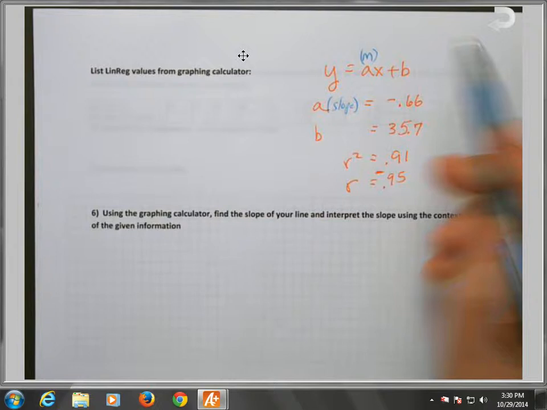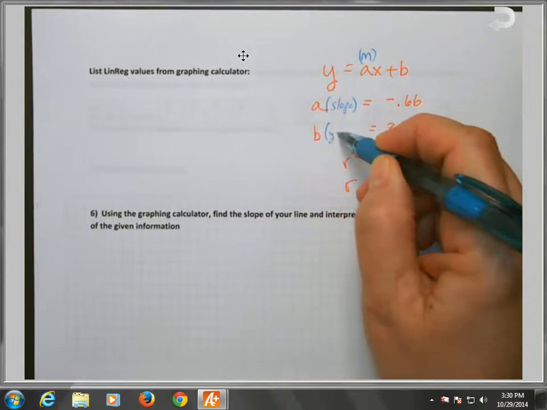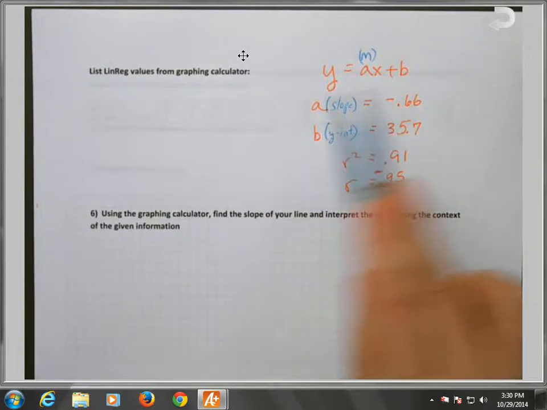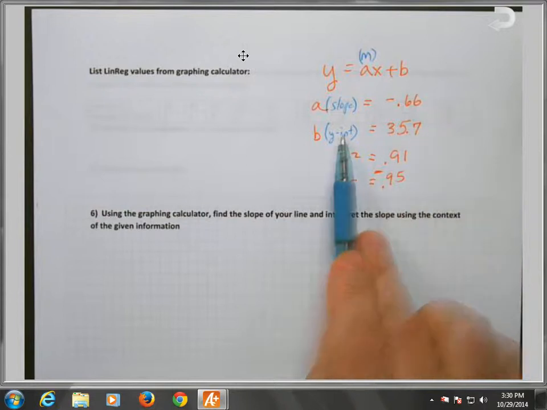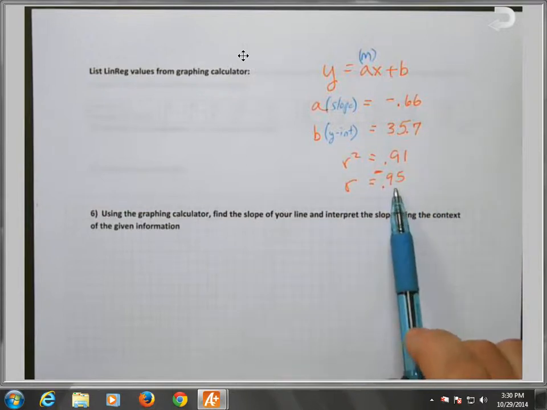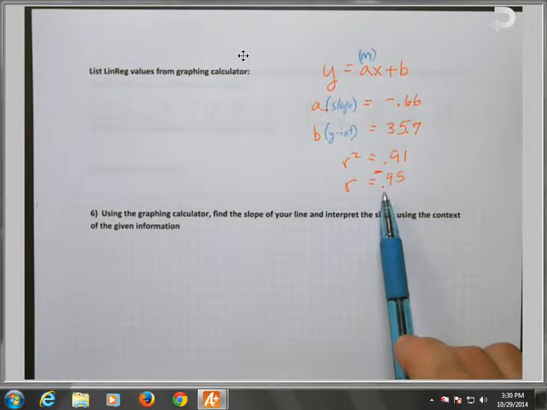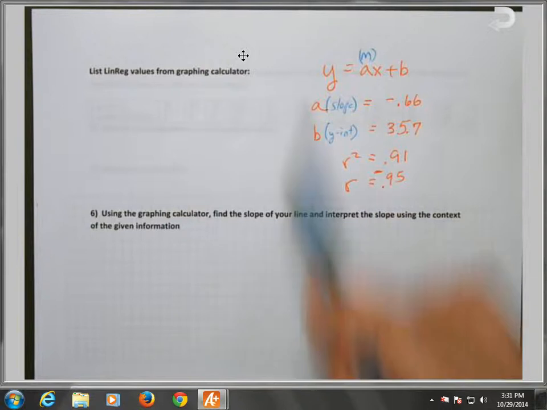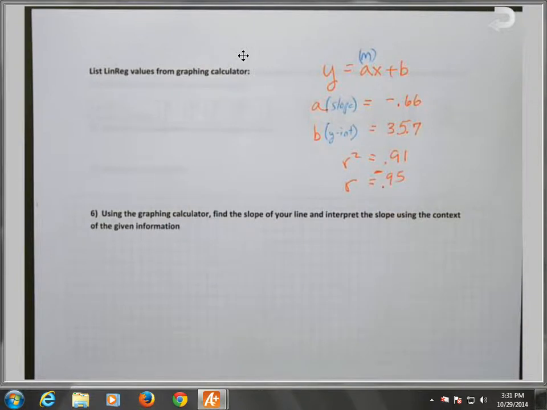So this is the y-intercept. It's where this line, and this is a line, crosses the y-axis. R squared we're going to talk about later. R is the one we just talked about just now, and our guess was pretty close because the actual R is negative 0.95. Okay, having that list of numbers is very important to your success here.